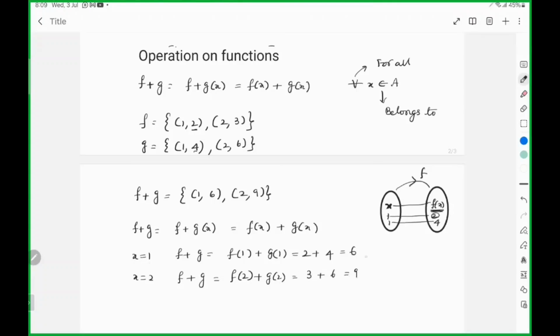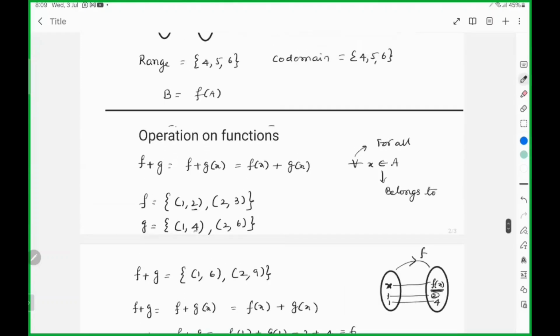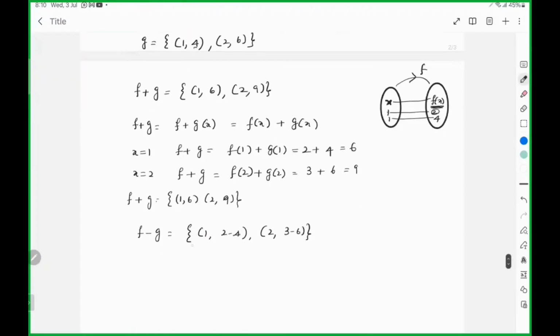So x is not changing. Only for x, f plus g finally, for x is 1, the value is 6, and for 2, it is 9. Like that, even for f minus g, you should not change x, you should change only function values. 3 minus 6. This is how subtraction is defined.